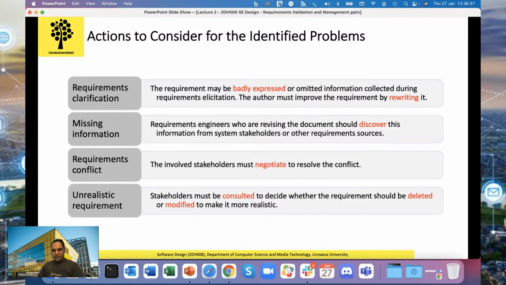And if there are any conflicting requirements, I give an example based on the question by Atakan, then there should be some negotiation between stakeholders to establish one requirement. And if there is any unrealistic requirement, we should consider either modifying it to make it realistic or deleting that requirement.